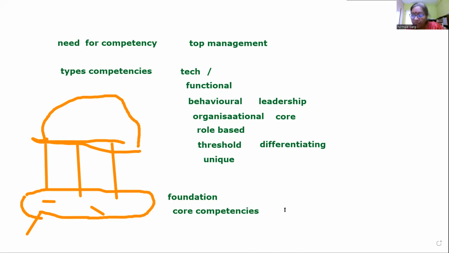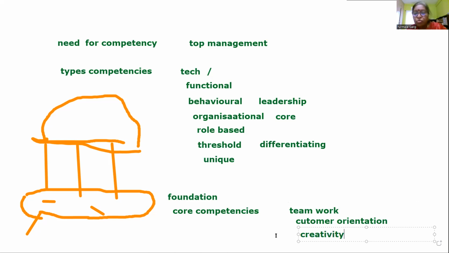For example, what are some of the core competencies? It could be teamwork. It could also be customer orientation, which some of the organizations are very, very high on. Then it could also be something like creativity.